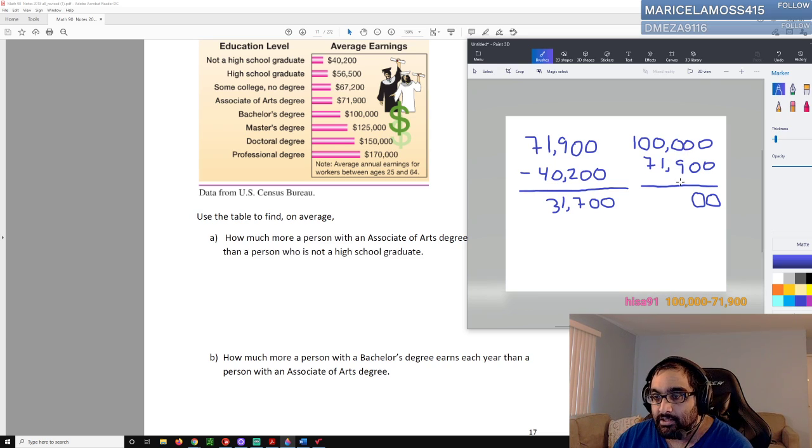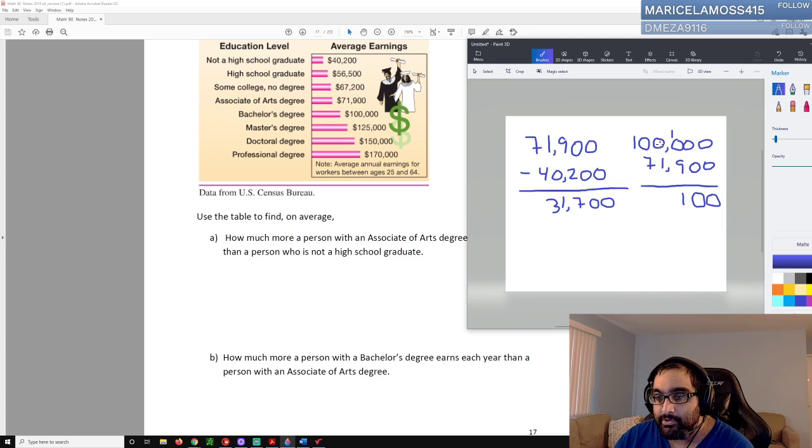In this particular case, we have 10 minus 9, which is 1. What comes next here? The first two are zeros, so those go away. We have 10 minus 9, which is 1.